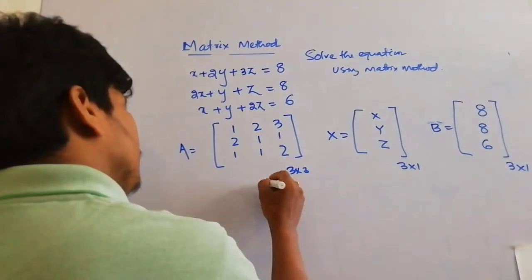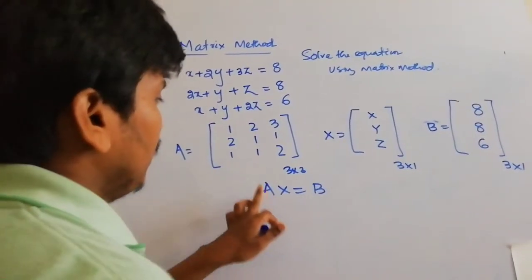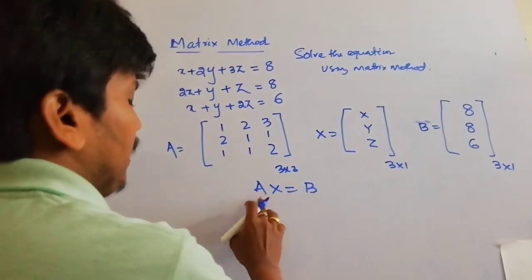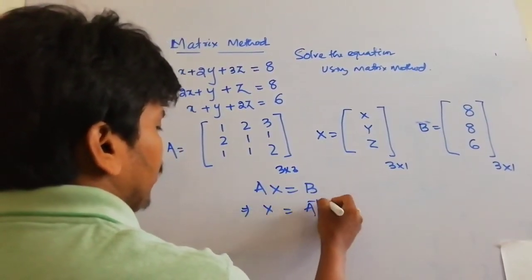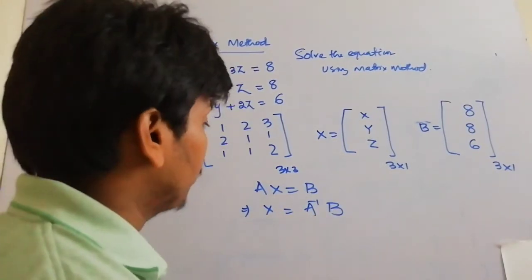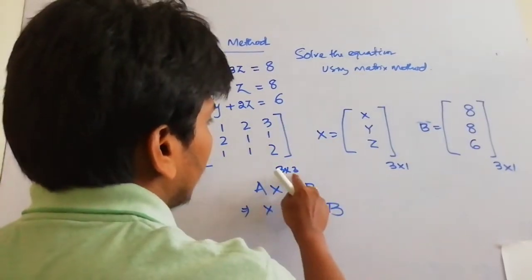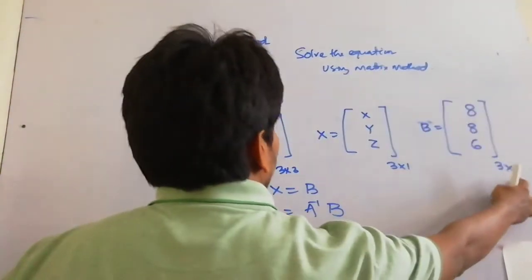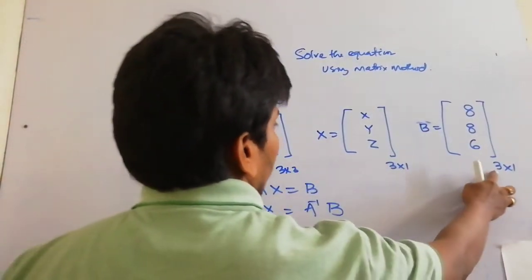So the equation is satisfied. AX is equal to B, that means here X is equal to A inverse B. The order of A is 3 cross 3 and B is 3 cross 1. Here, the number of columns of A is 3 and the number of rows of B is 3.